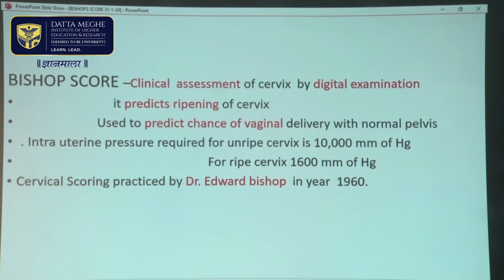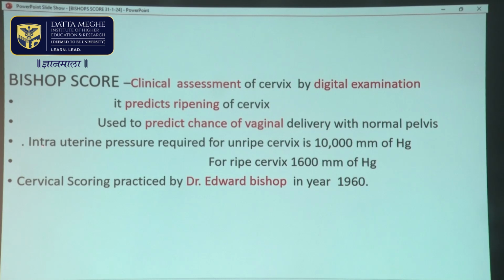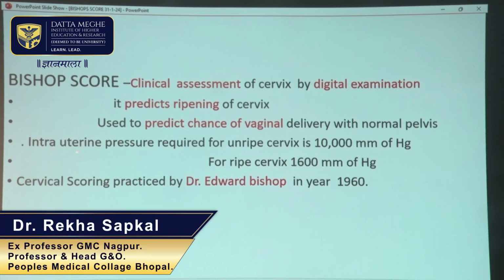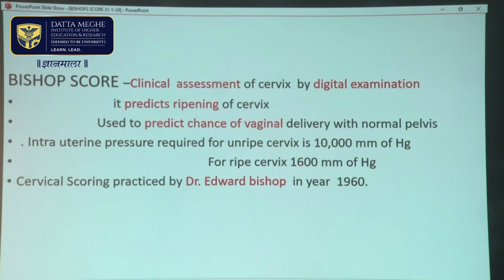Bishop score deals with 5 points. It is a clinical examination. It predicts the chance of vaginal delivery. What I mean to say is, an unripe cervix requires an intrauterine pressure of 10,000 millimeters of mercury and the ripe cervix requires only 1600 millimeters of pressure for labor to occur.